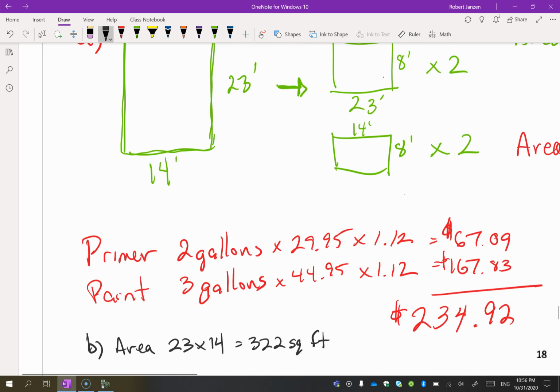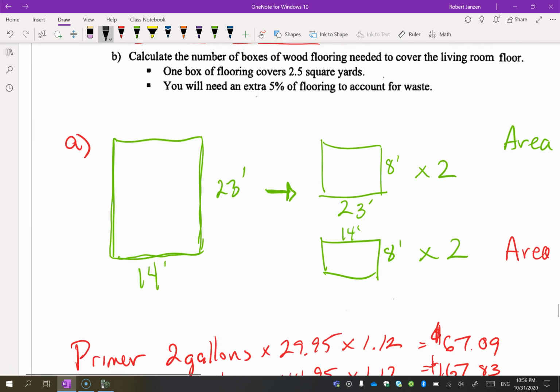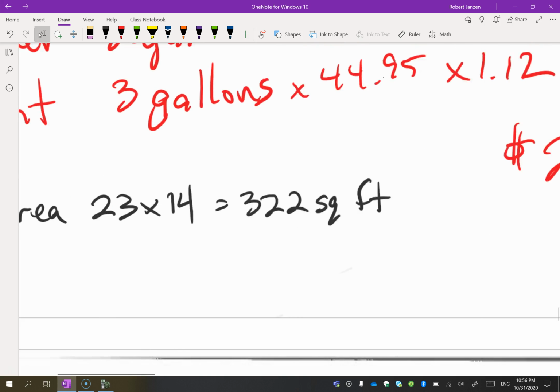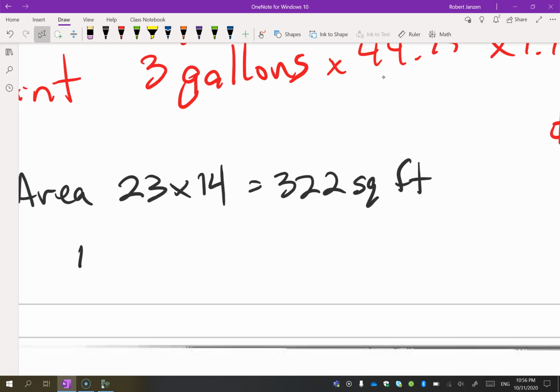So we need to change this into yards. How do we change square feet into yards? Well, 1 yard is 3 feet. 1 square yard would be 3 feet times 3 feet, so that would be 9 feet squared.